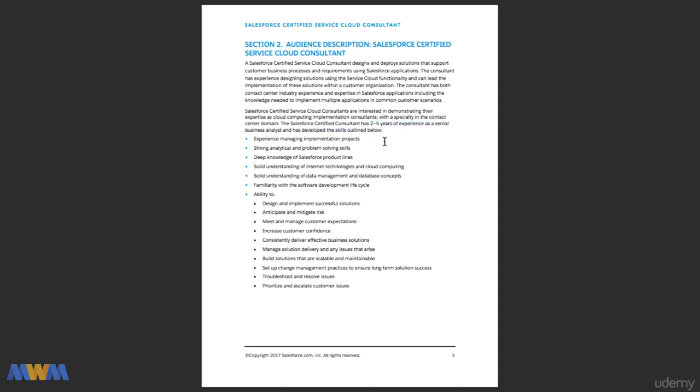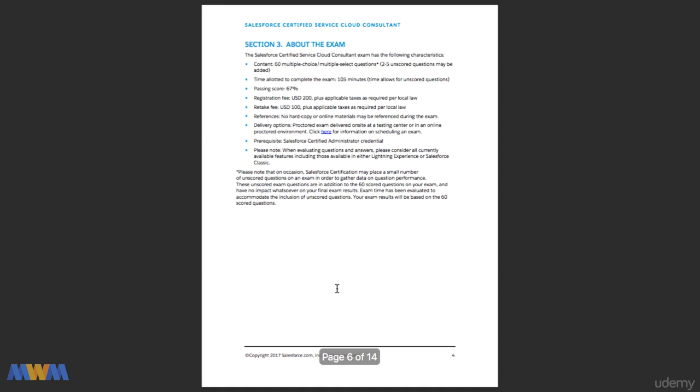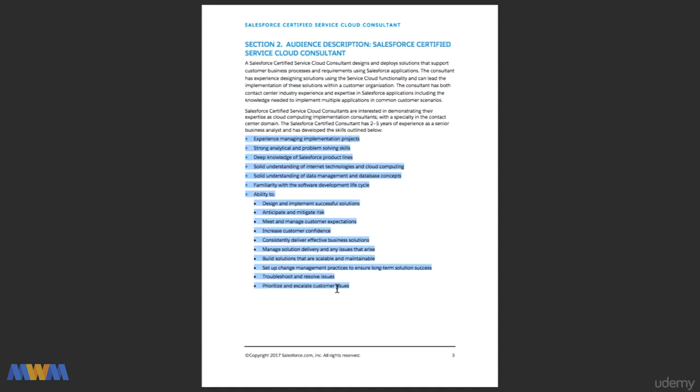This course is designed to help you get to this point quicker than 2 to 5 years, and I've really tried to make this course thorough so that you can get experience, at least at a high level, with a lot of these concepts. And so you will have the ability to satisfy these different bullet points by the end of this course, and by supplementing your learning by going through relevant Trailhead modules, which I also have lectures related to.